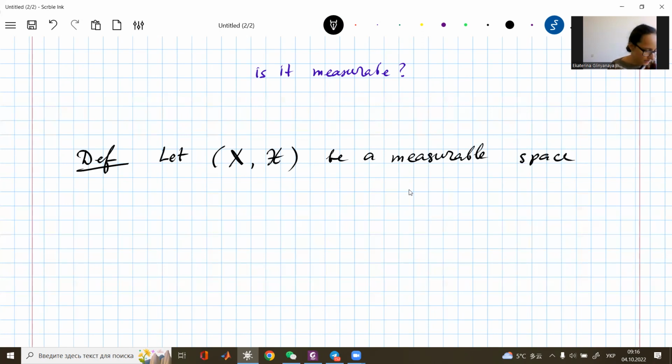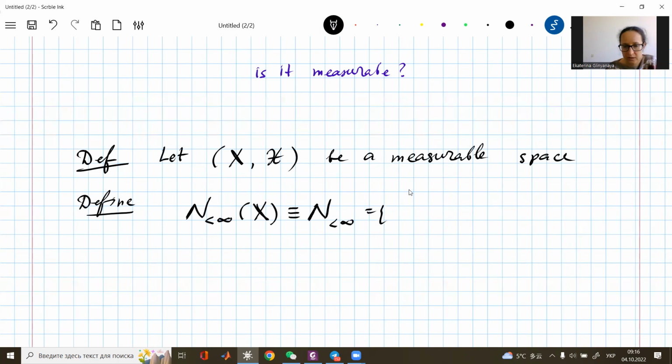And on this space, we will define the set of measures, and I will write it with sigma finite, on this space X. For simplicity, I will not write this space X when it is obvious.